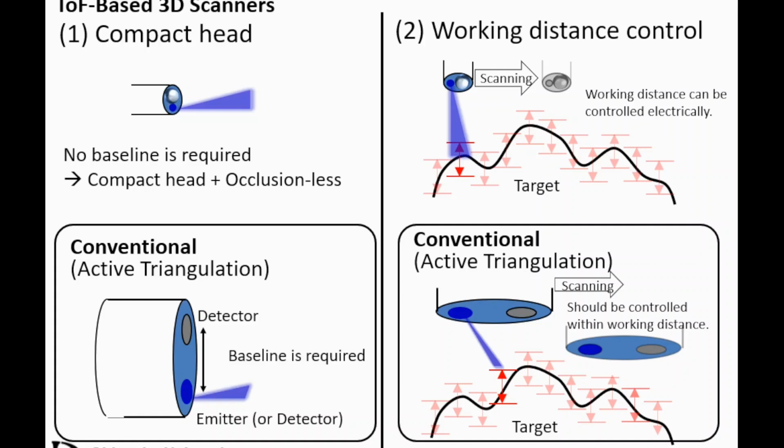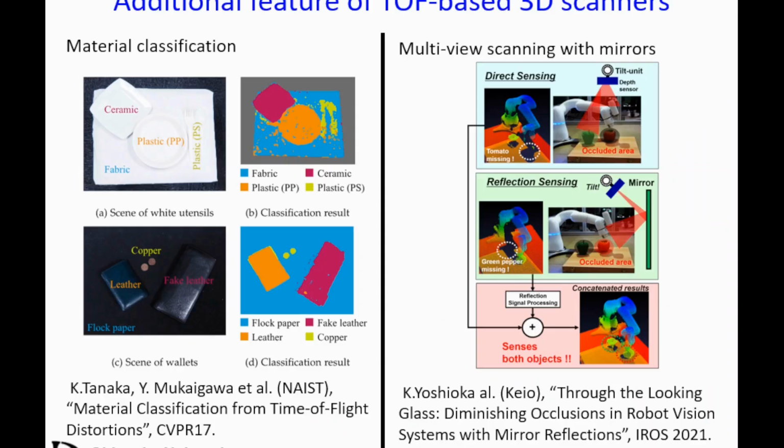On the other hand, the ToF device can control the working distance electrically, and also the range precision is independent of distance if received photon count is constant. So high-speed capturing is realized.